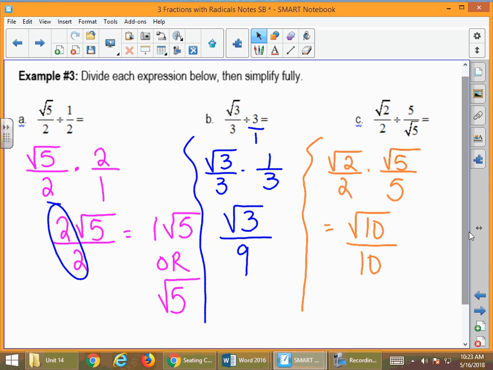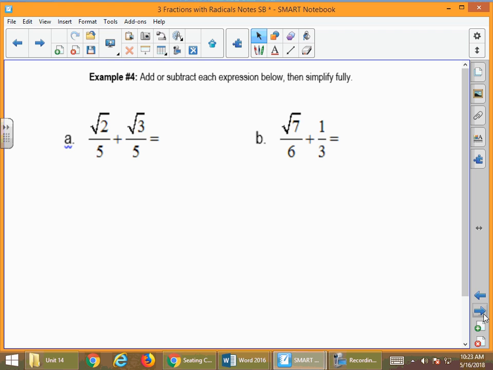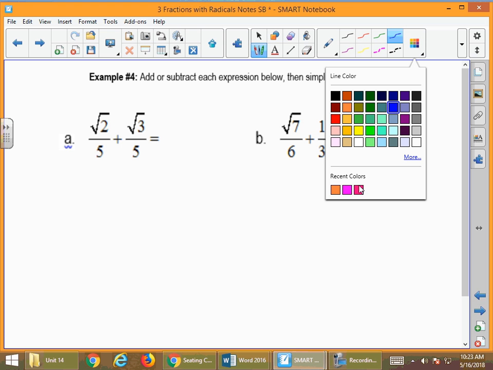As we flip our paper over to finish, adding and subtracting. We need to have a common denominator when we add or subtract. And luckily, on this first problem, we have a common denominator already. We don't have to find it.